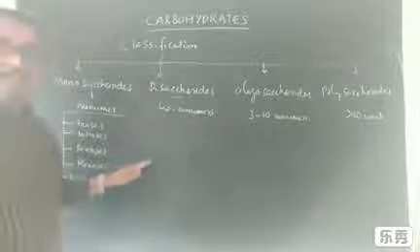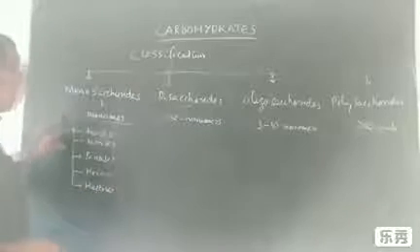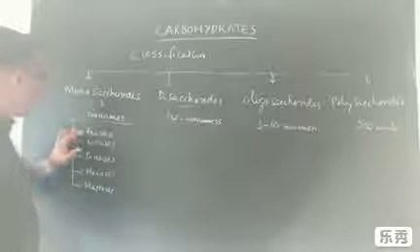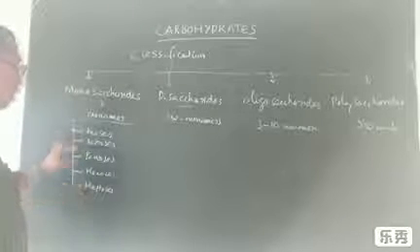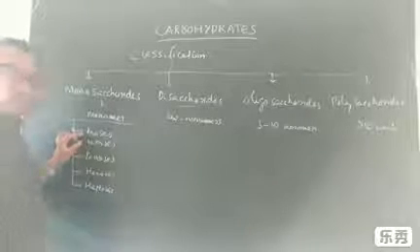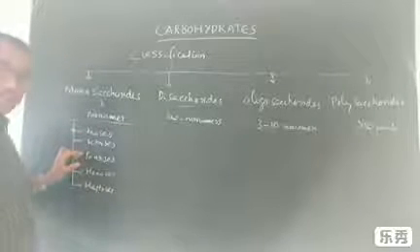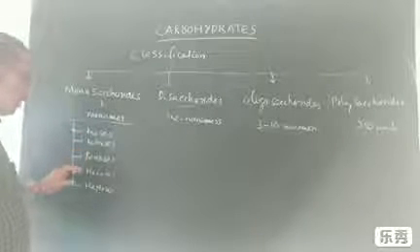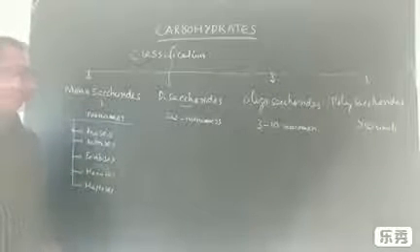This classification is according to the number of carbon atoms. Trioses contain 3 carbon atoms, tetroses 4, pentoses 5, hexoses 6, and heptoses 7 carbon atoms.